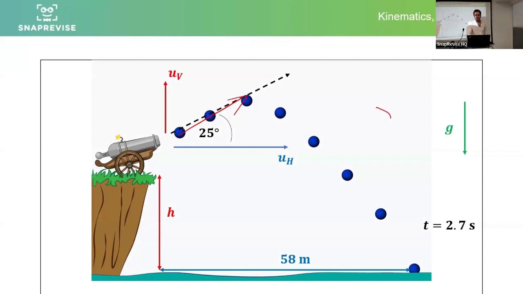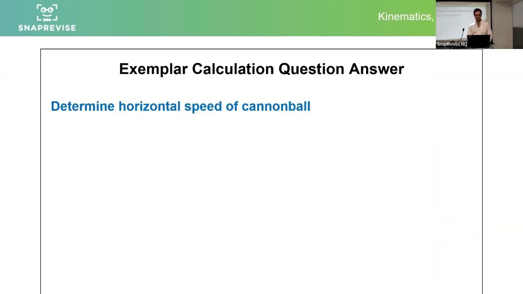And the whole journey takes 2.7 seconds. Important to realize that time is common to both the vertical and the horizontal. Ultimately, we can split our velocities and our displacement and our acceleration into vertical and horizontal. But don't forget that they're talking about the same object at the end of the day. Once the ball hits the water, that's the end of the journey for vertical and horizontal. So both the vertical and horizontal share the time. You can't have a horizontal time and a vertical time.